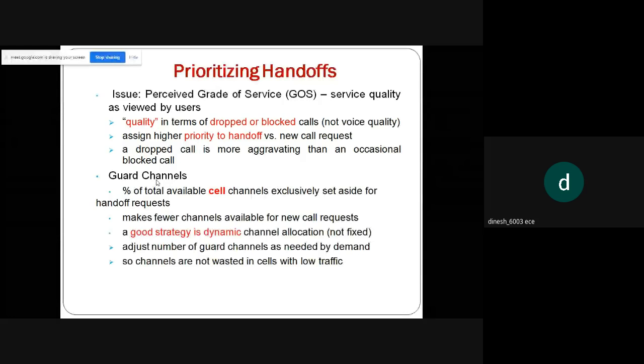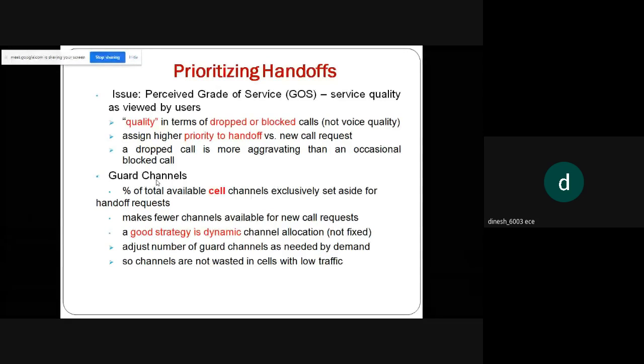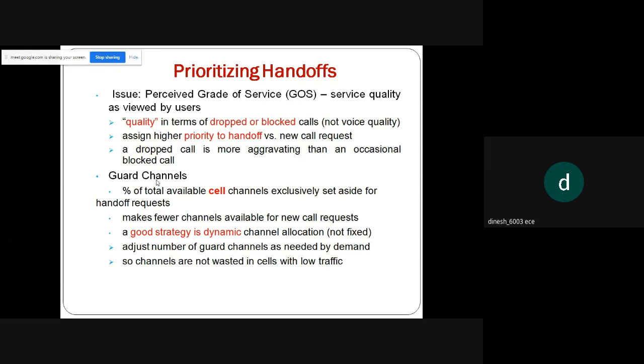So this was an issue. For this, guard channels were introduced. Guard channels are a percentage of the total available cell channels exclusively set aside for handoff requests. This was done by making fewer channels available for new call requests.